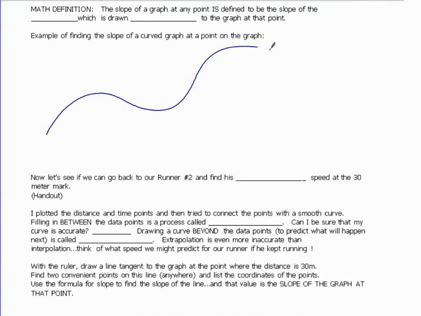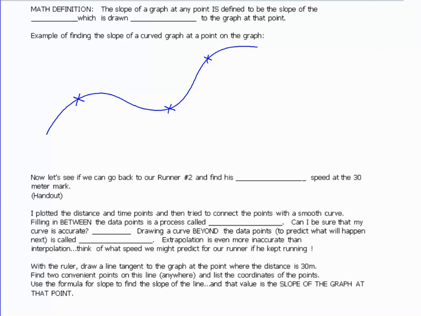And so let's say I want to know the slope at this point. And let's say I want to know the slope at this point. And I want to know the slope at this point. What are we going to do?